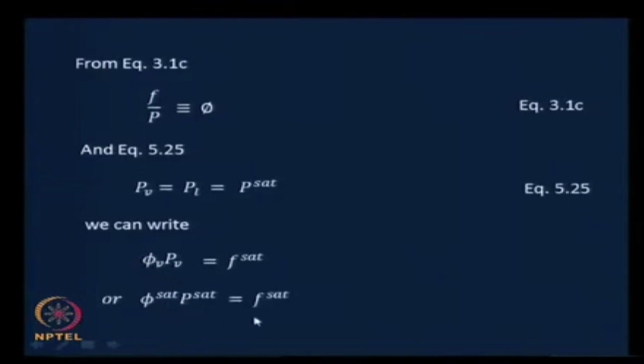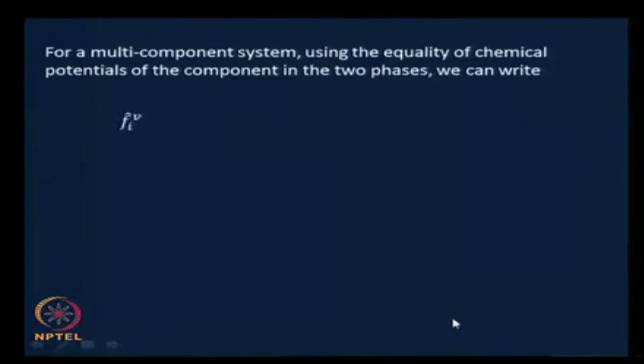Phi sat P sat equals F sat. This was equation 5.28, and what was left as an assignment for you was to develop similar expressions for a multi component system. This is for a pure component system, and you are asked to develop equations for a multi component system. Hopefully you could do that, and let us see how they look now.